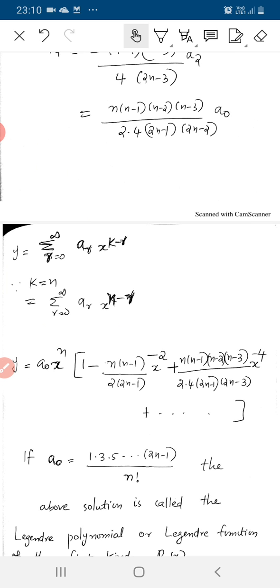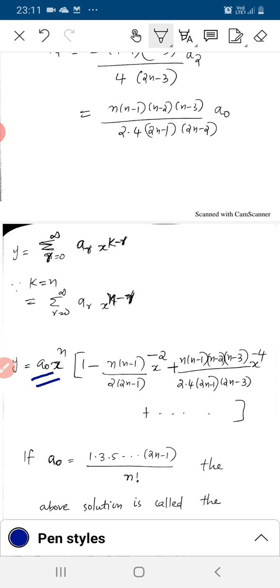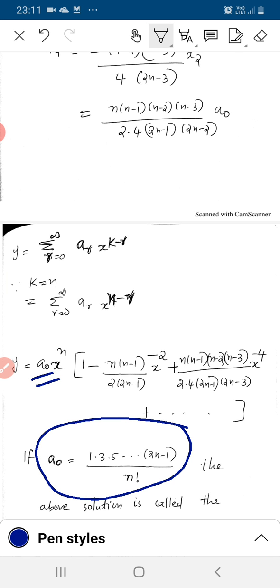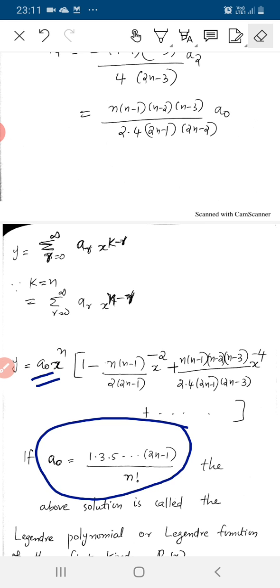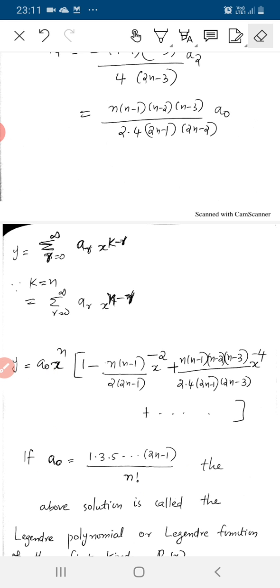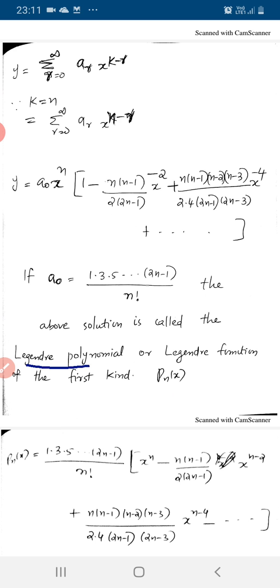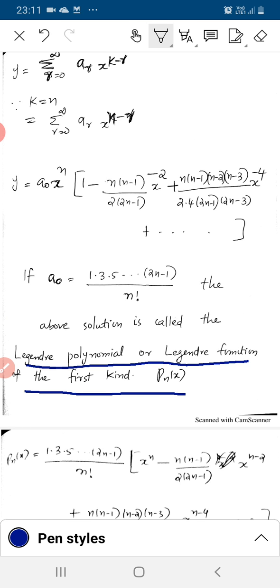Now for this a0, if I put 1 into 3 into 5 into 2n minus 1 over n factorial, then the above solution is called the Legendre polynomial or Legendre function of the first kind, Pn of x.